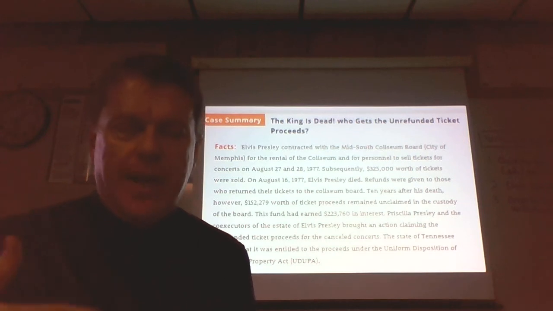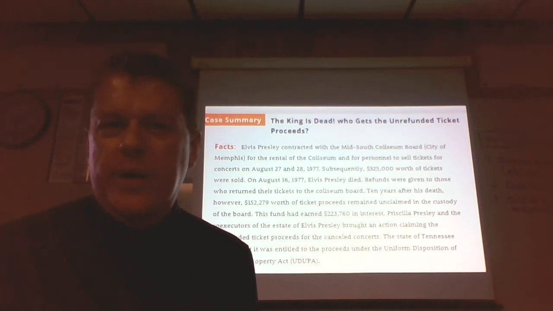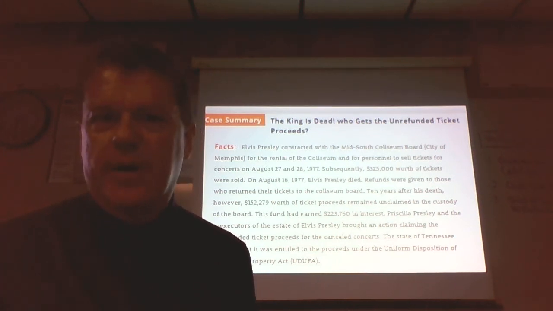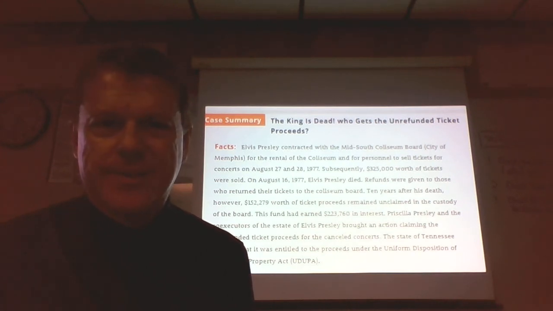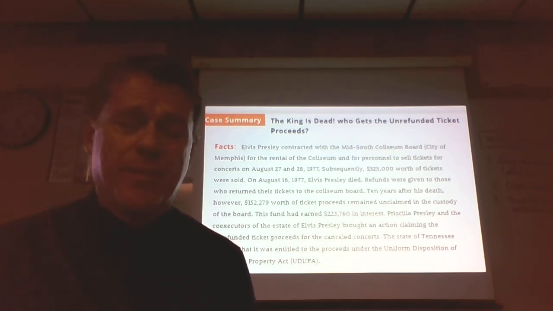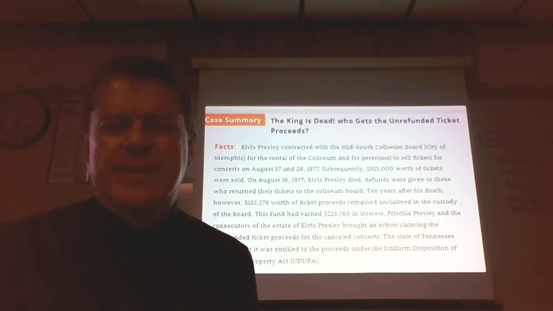If it's a face-to-face environment, I'll talk with students about reasons why people would not want to turn their ticket in for a refund. It's usually memorabilia, like the concert that never was, maybe they're thinking it might be worth something someday. Different reasons why people don't want to return a ticket.